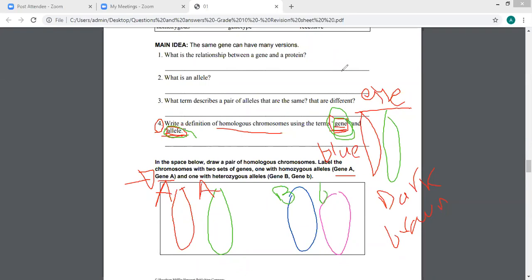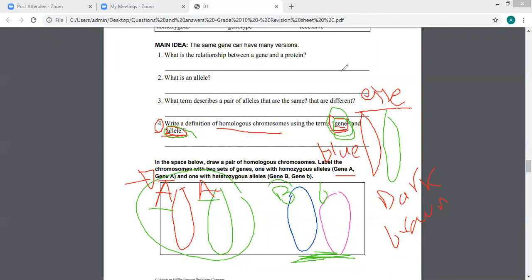That means in the first one, gene A, there are similar alleles, like the last example about eye color. They both have the same eye color, for example, blue. But in the heterozygous pair, they carry the same gene but different alleles.